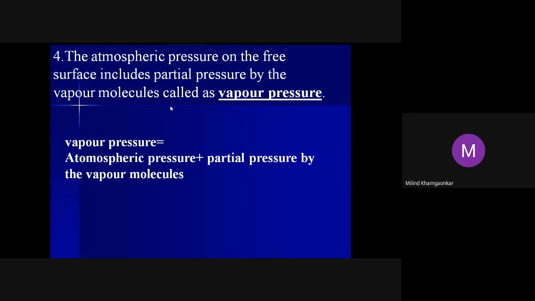One is atmospheric pressure, and another pressure is due to the water vapor which is accumulated over the surface of that water body. That water vapor produces a certain pressure. And how is this water vapor created? It is created due to vaporization, due to evaporation.